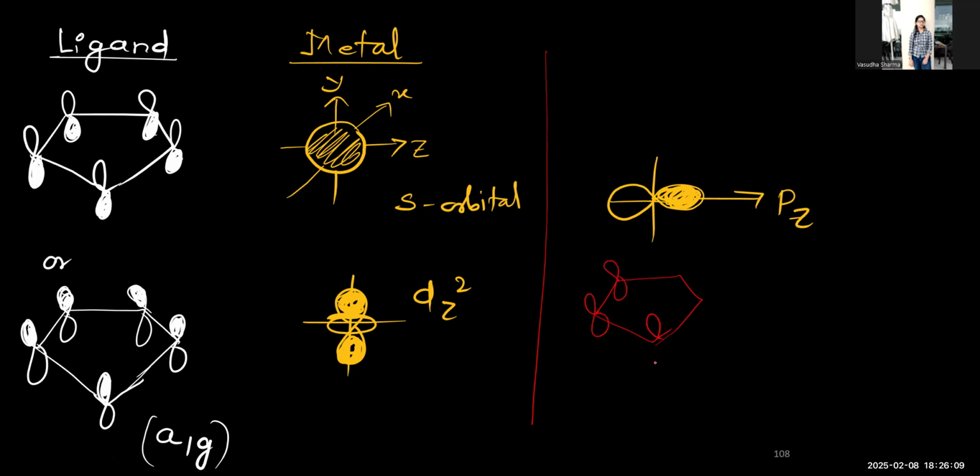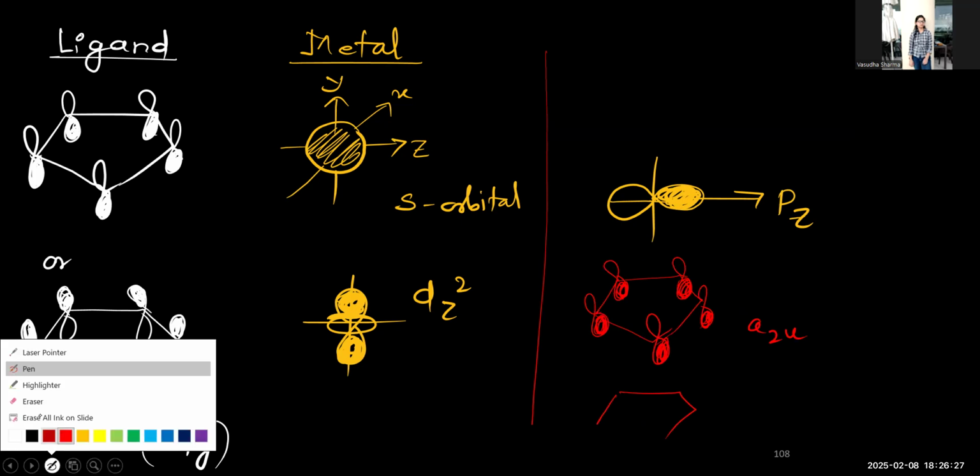The same lobes when they interact with the PZ. This is your A2U, or if it is flipped.